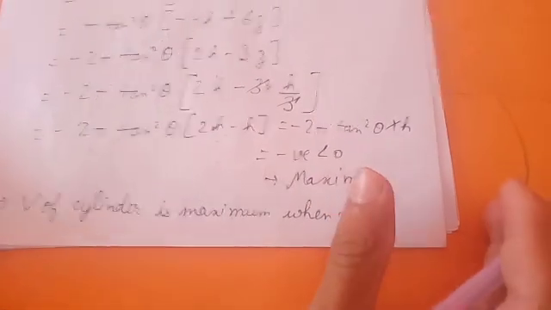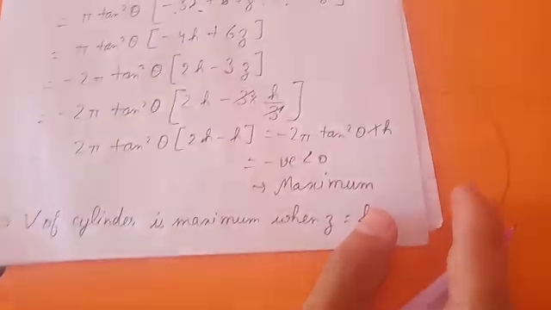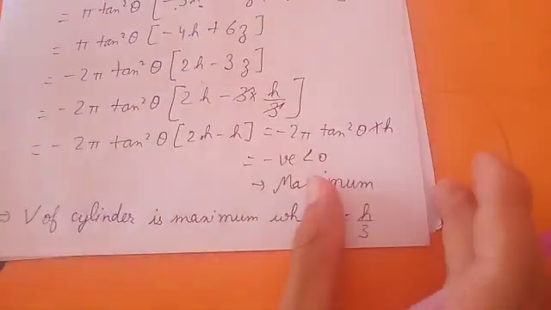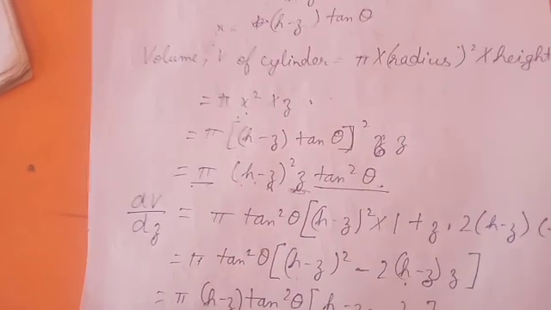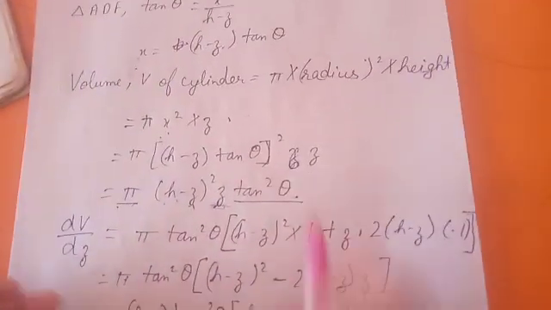Now that's what we have to do. We have to find the maximum volume. What was our volume? This was our volume. Just in place of z we have to put h by 3 and we will get that. So we can solve it here only.